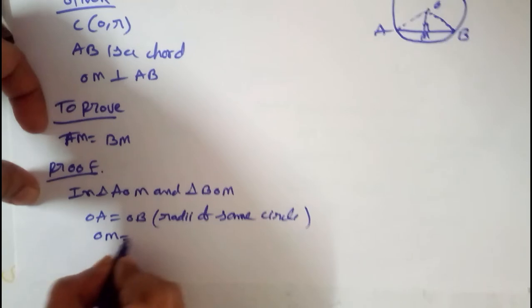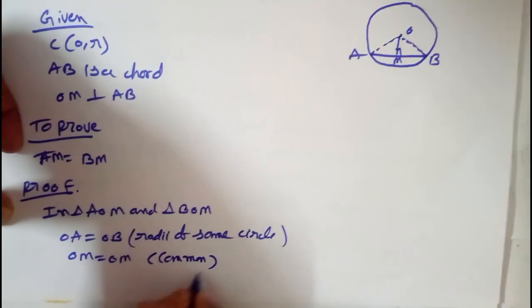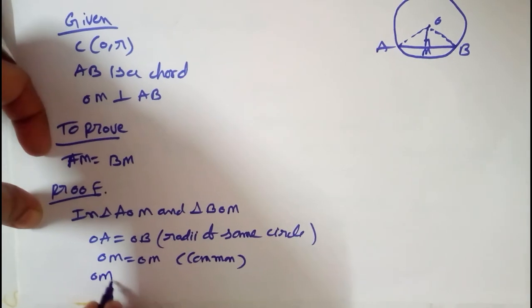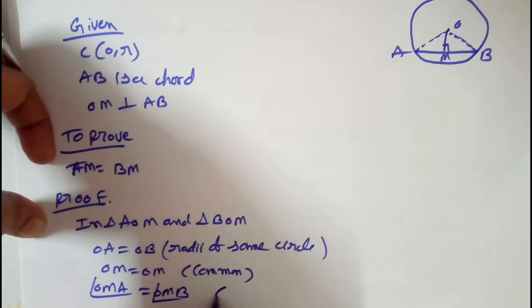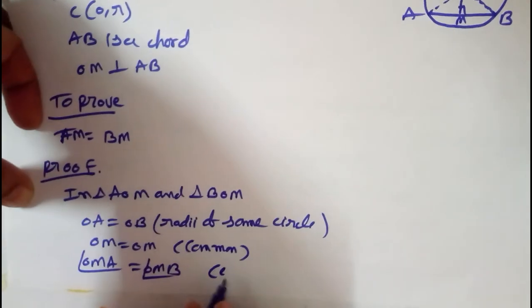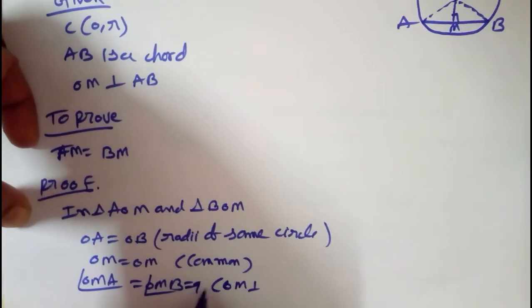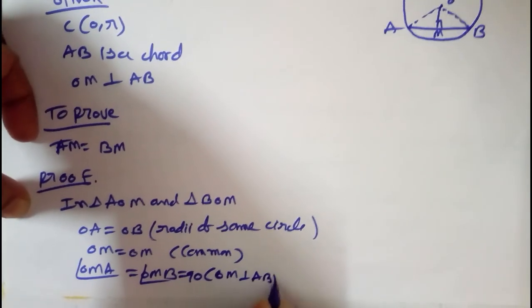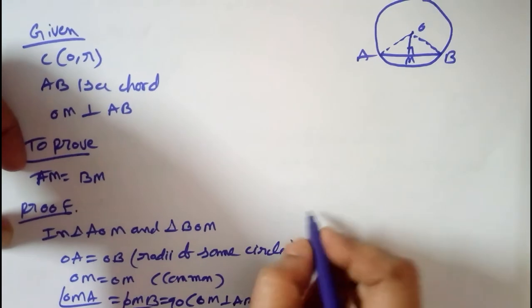OM is equal to OM, common side for both the triangles. Angle OMA is equal to angle OMB, each 90 degrees, because OM is perpendicular to AB. Right angle, hypotenuse, side.